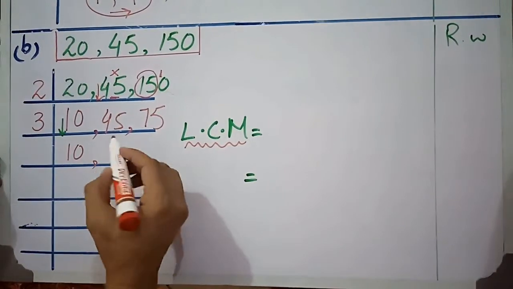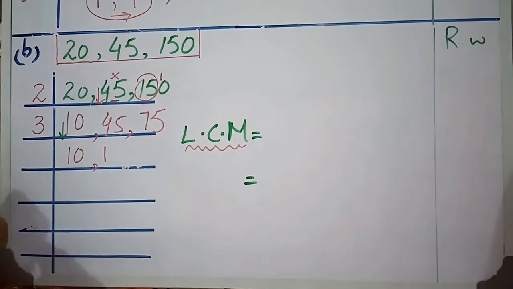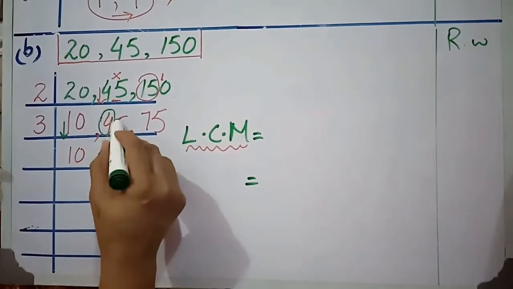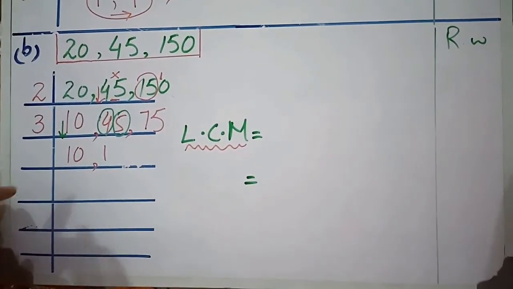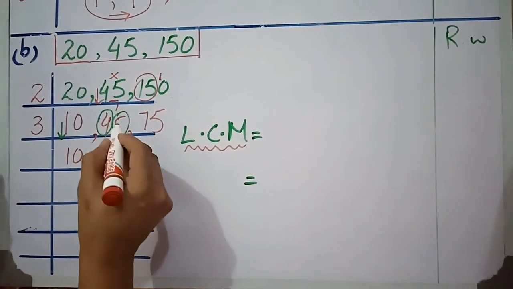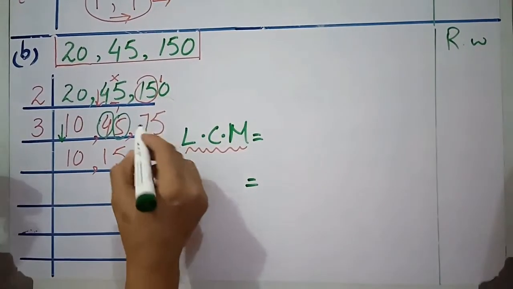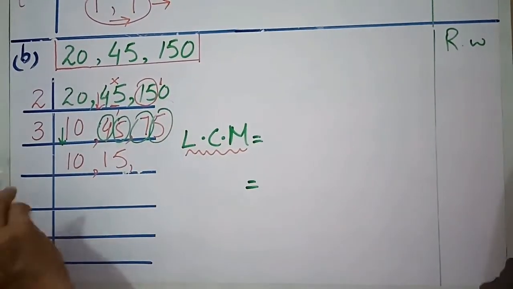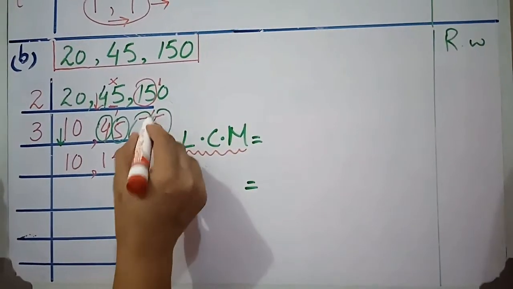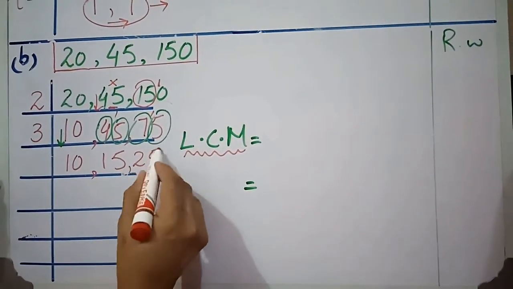Now 3 1s are 3. We'll split the number. 1 will be carried to make it 15, and 3 5s are 15. Now again we'll split the number. 3 2s are 6. 1 carried to make it 15, and 3 5s are 15.